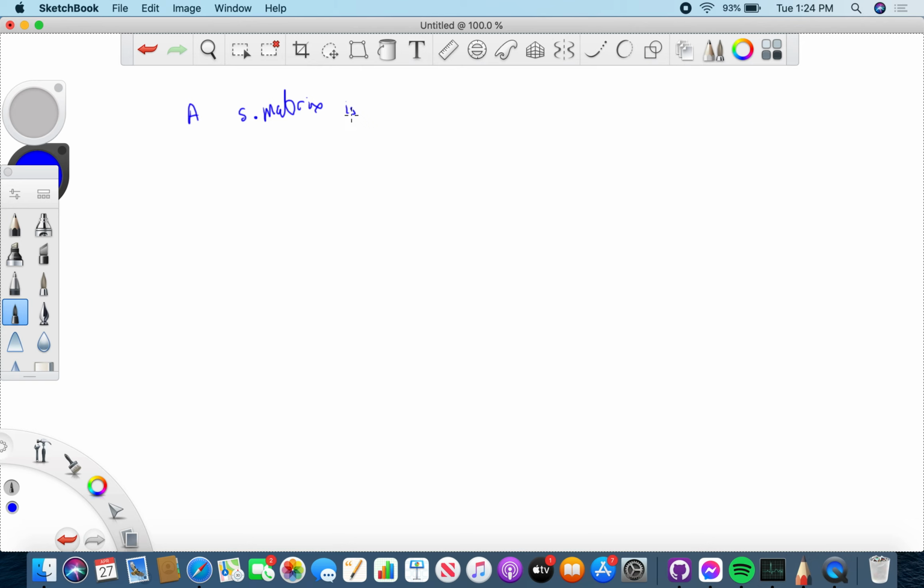So I'm going to say a stochastic matrix P is regular if P to the n has all positive entries for some n.